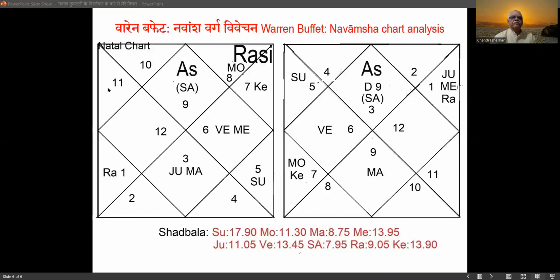As usual, what I have given is the natal chart on the left side, and on the right side is the D9 chart. I have written D9 in the Lagna or ascendant position to distinguish between the two.